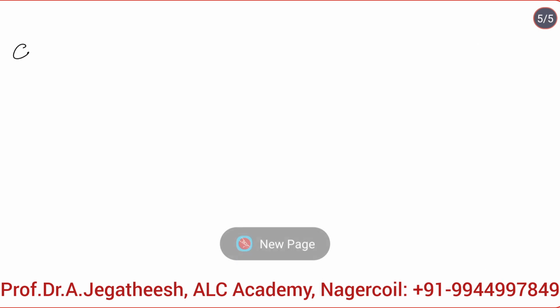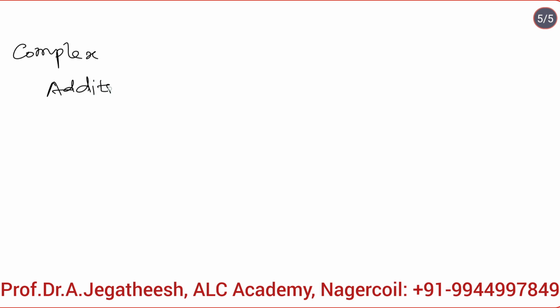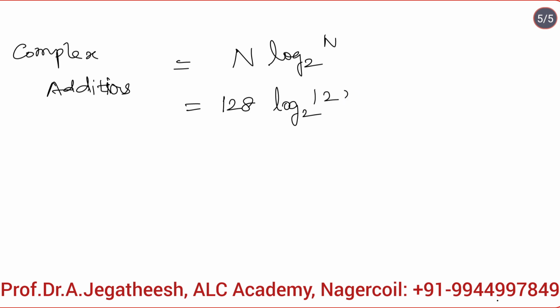Now we can find the complex additions. In the case of FFT, the formula for complex additions will be N log 2 N. Our case is N is equal to 128. So 128 log 2 128.